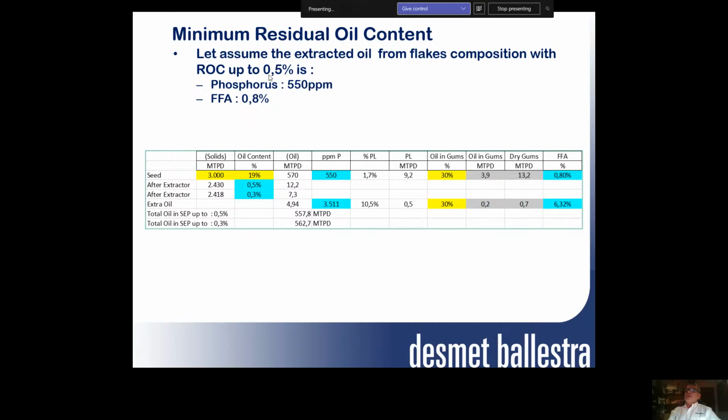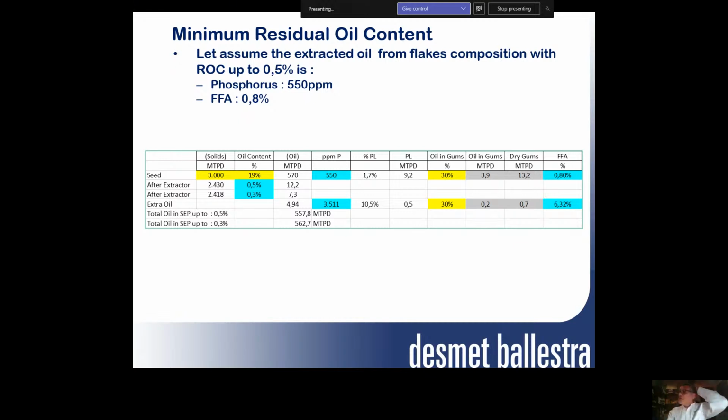When we extract up to 0.5%, the phosphorus in this case, flakes, is 550 ppm, but free fatty acid is 0.8.